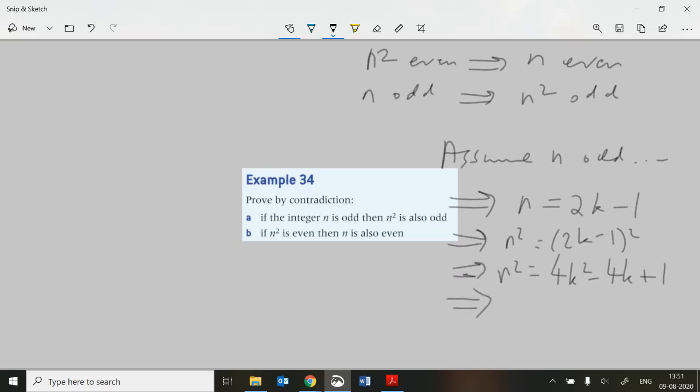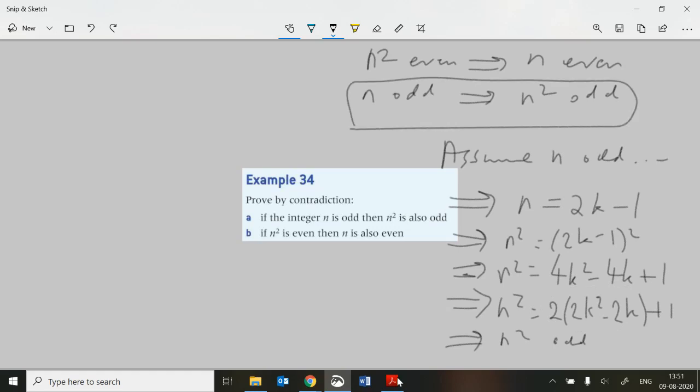And then if we take out a factor of 2 from the first two terms, we've got 2 times (2k squared minus 2k) plus 1. And now we can see that we've got an even number plus 1 gives us an odd number. And we should really have a statement at the end there to say, therefore, n squared is odd. You might want to just write because this is even, and even plus 1 gives us an odd number. Okay, so we've proved this, and that means that the original statement is true as well.